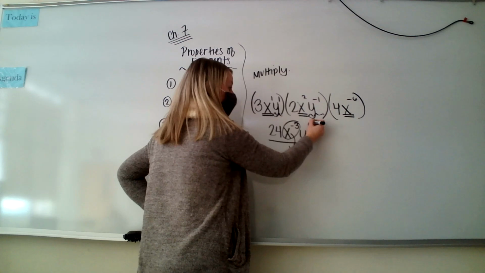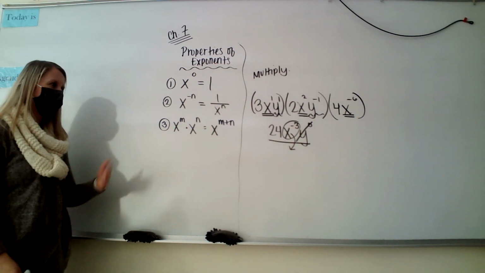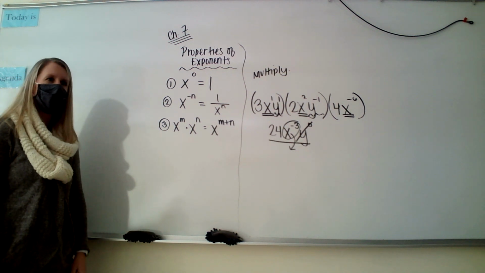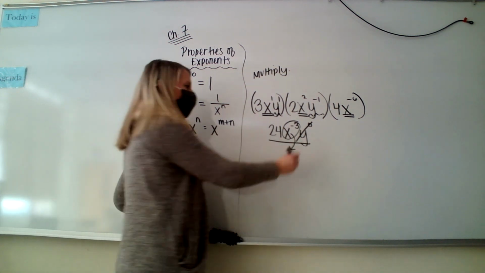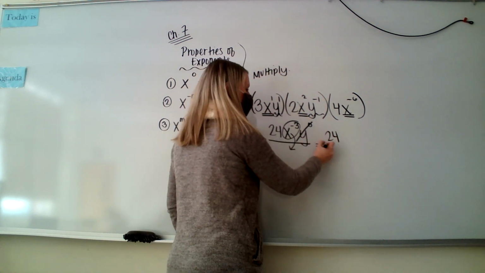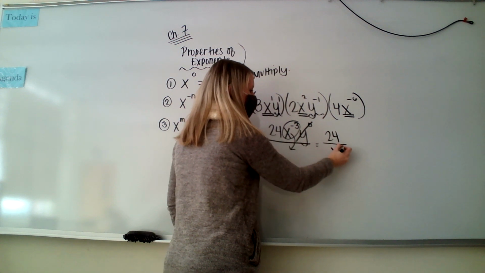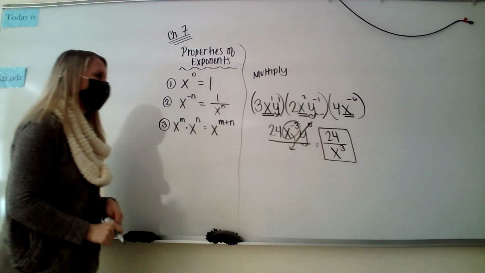Because if you multiply anything by 1, it's just whatever's left. Sometimes when you throw the 1 there, people get confused. So I end up with 24 staying where it is, and then x flips and becomes positive. That'll be your finding.